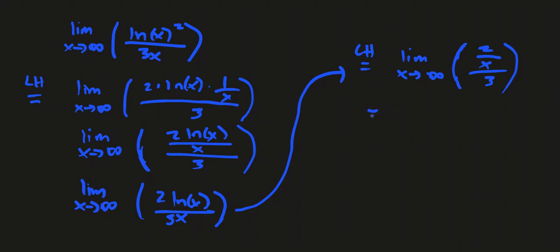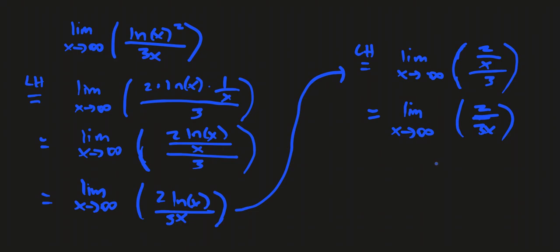This can be rewritten, and the reason I'm not adding LH here is because I'm not using L'Hopital's rule. I'm just rewriting it. This and the rewritten version are equal, but I'm not using L'Hopital's rule. So this would be the limit as x approaches infinity of 2 by 3x.